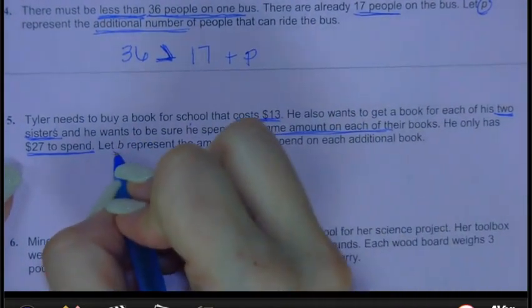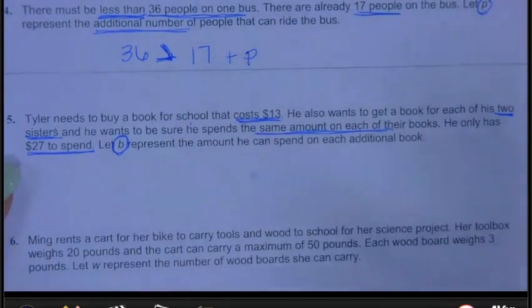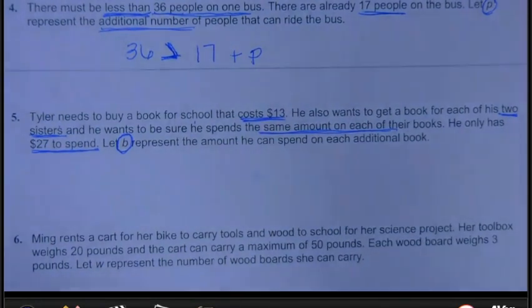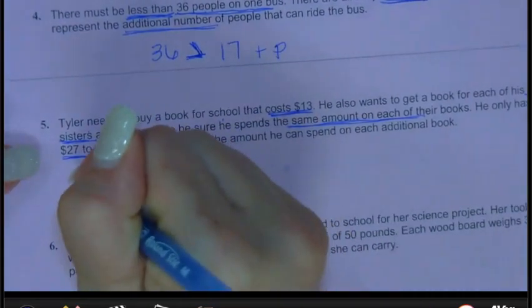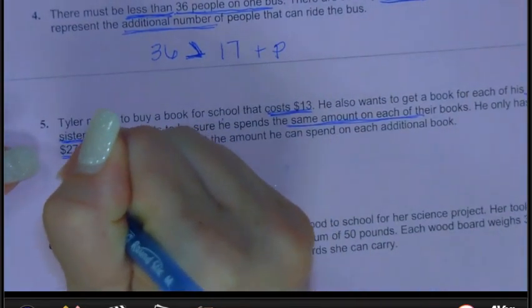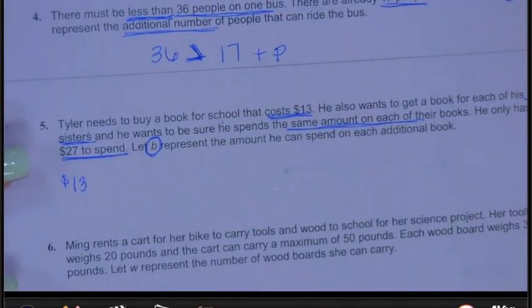I'm going to let B represent the amount he can spend on each additional book. Let's write this information out. Tyler has 1 book for $13.